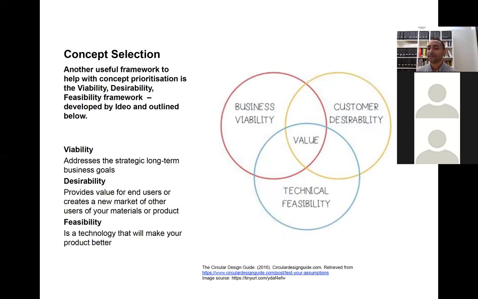It could be as simple as that. If you're launching a new product, you could have a focus group to get a sense of whether or not your product will be a hit. In the context of interior design and architecture, this could be through model making. This could be through, again, focus groups and much more.